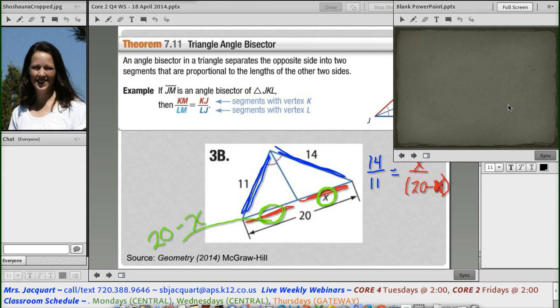So this is 14 over 11 equals x over 20 minus x. I love parentheses, so I'm going to insert them. So this becomes 14 times 20 minus x equals 11x. So 14 times 20 is 280 minus 14x equals 11x.